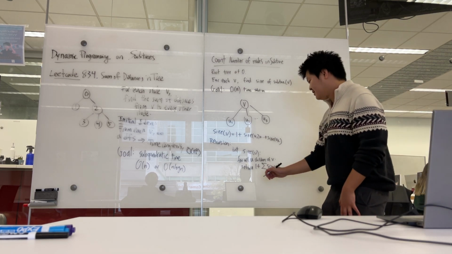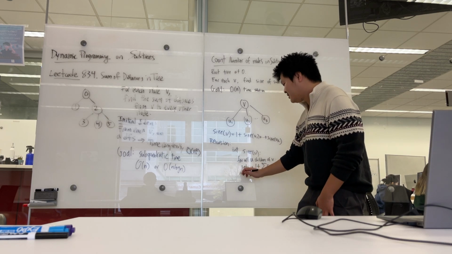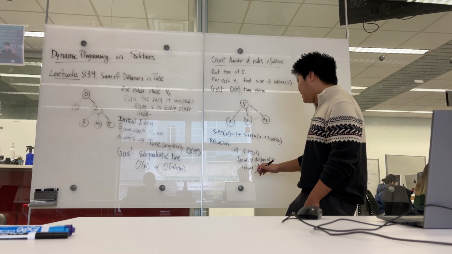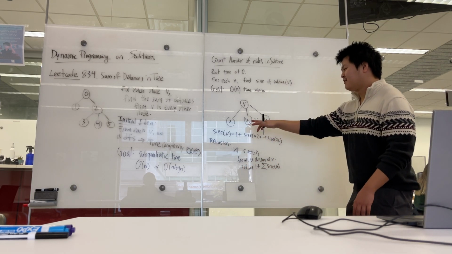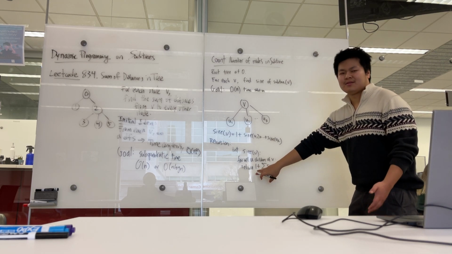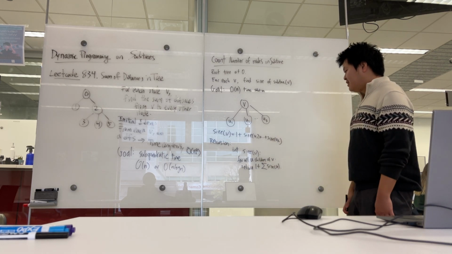And there's also a base case: if there's no children, then you just return 1. It's a leaf.